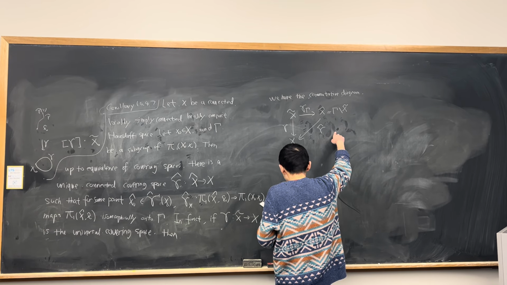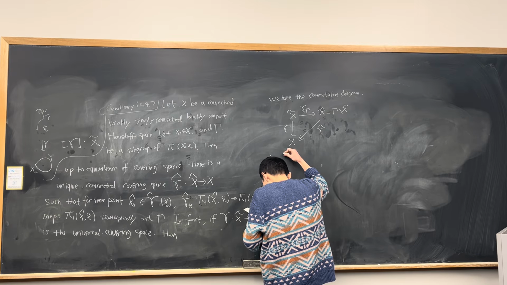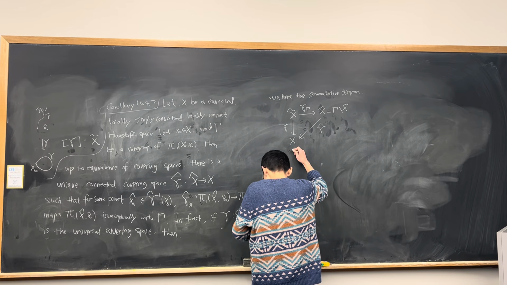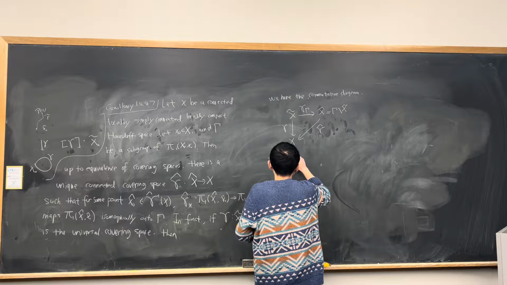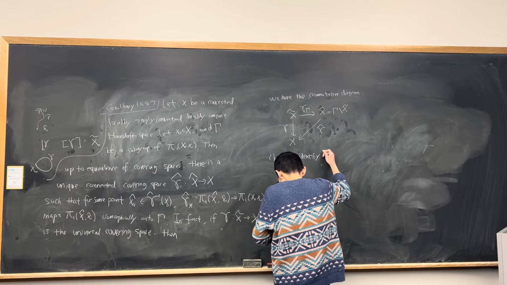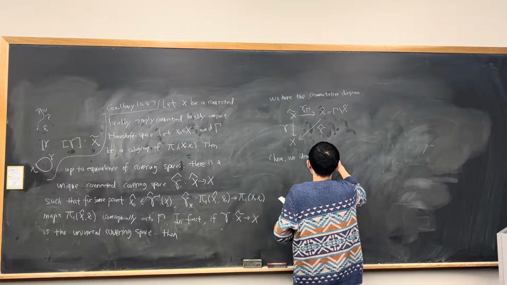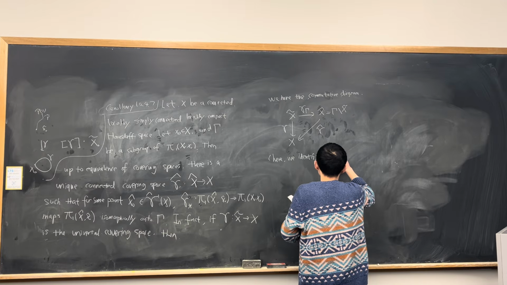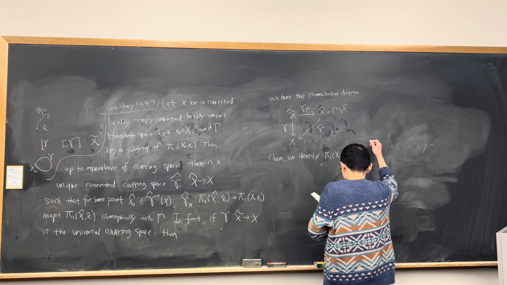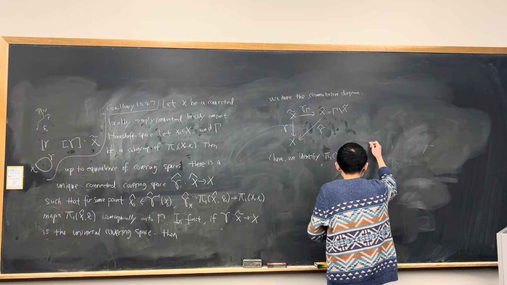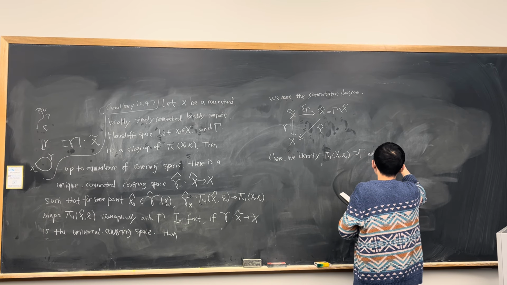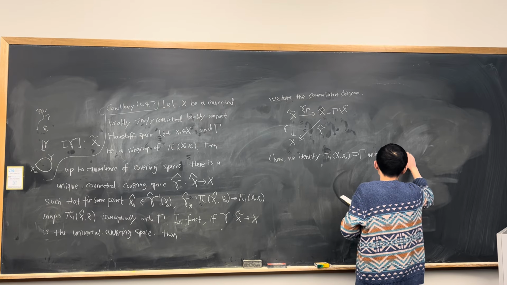Here we identify this pi 1 of X naught that contains this subgroup gamma with the deck group of gamma.